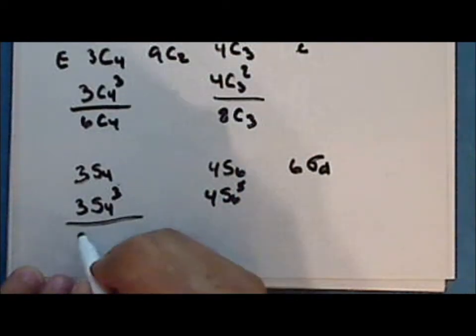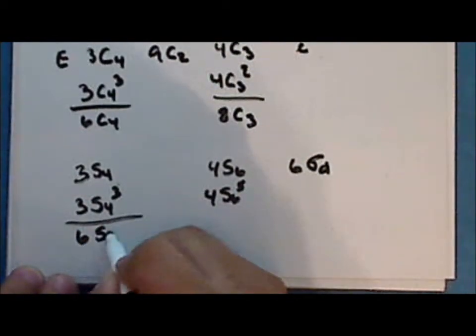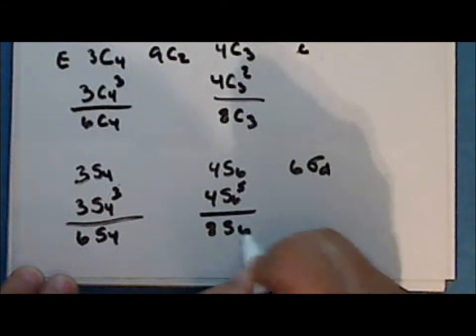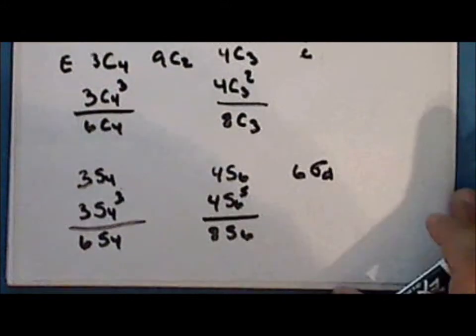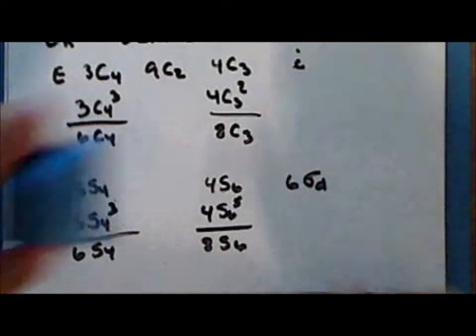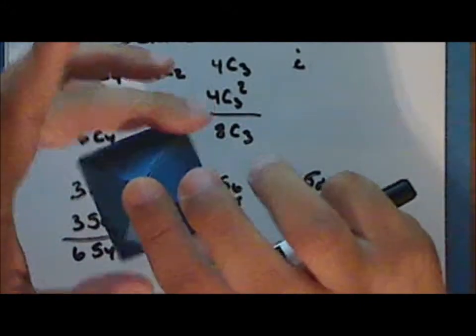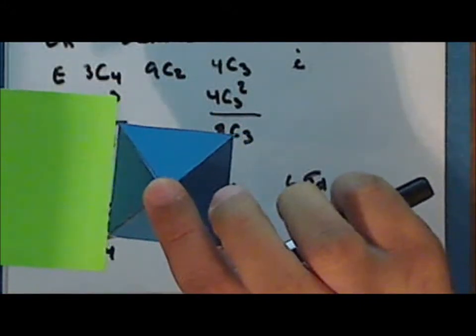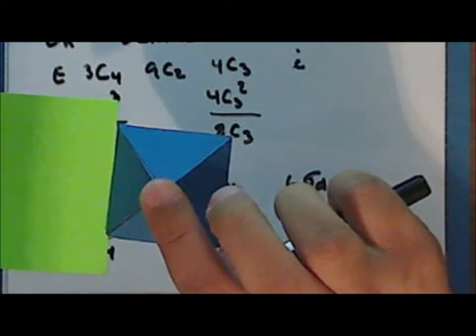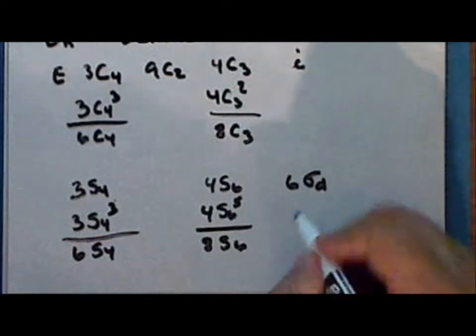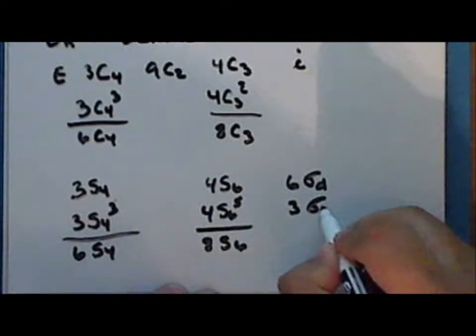And so we have a total of 6 S4 operations and 8 S6 operations. And for each C4 axis, there is a horizontal plane. And so we have a total of 3 horizontal planes.